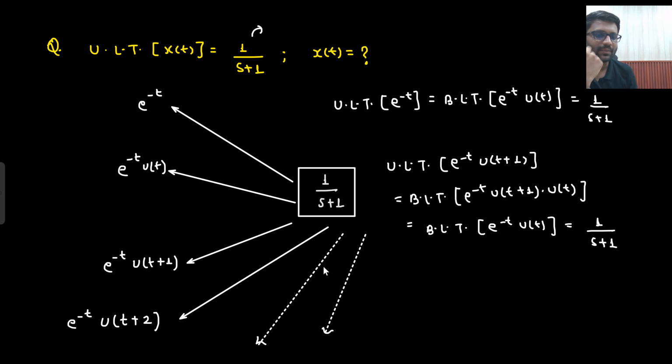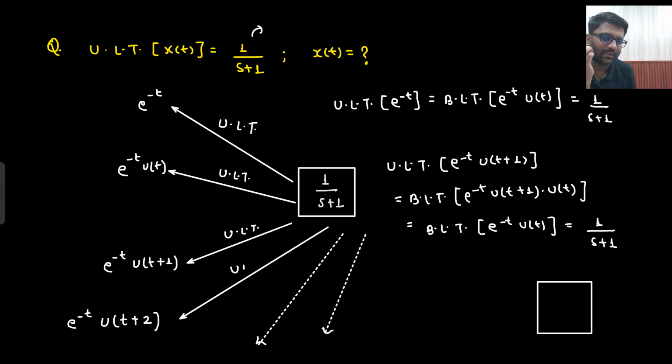So here 1 upon s plus 1 in case of bilateral Laplace transform, this is your ULT. But in case of bilateral Laplace transform, only two things were possible. But in case of unilateral Laplace transform, a lot of things are possible. Right? Are you able to understand this point?